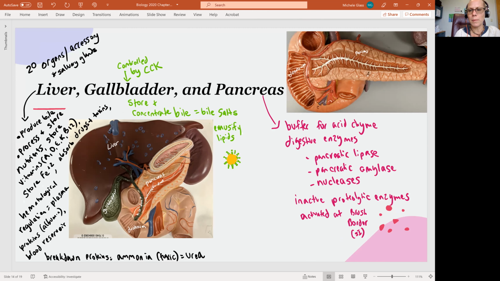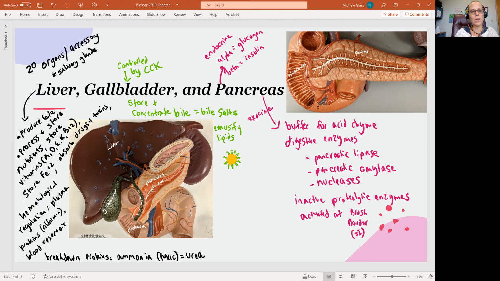When we talk about the pancreas, let's also remember here we're looking at the exocrine function, but we've already talked about it in the endocrine system as having those alpha cells, which are releasing glucagon. And then we've talked about the beta cells as releasing insulin.